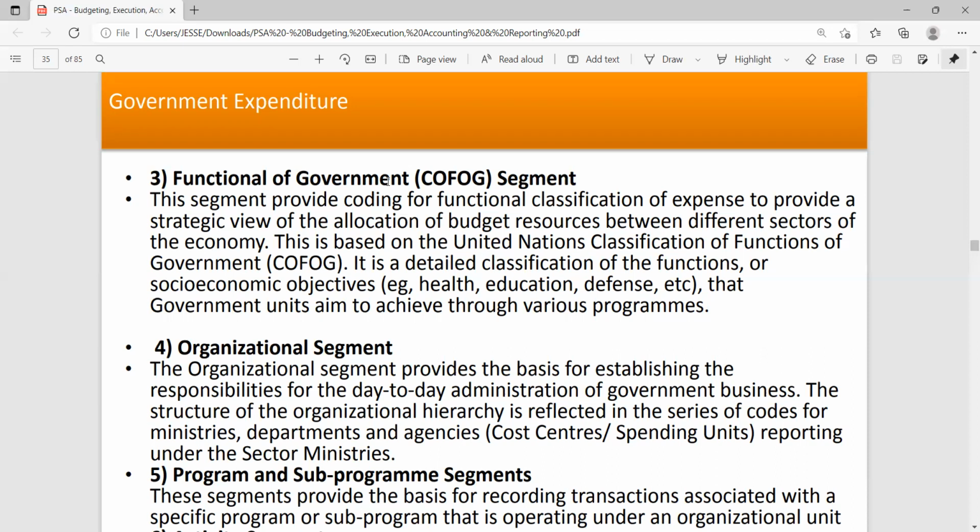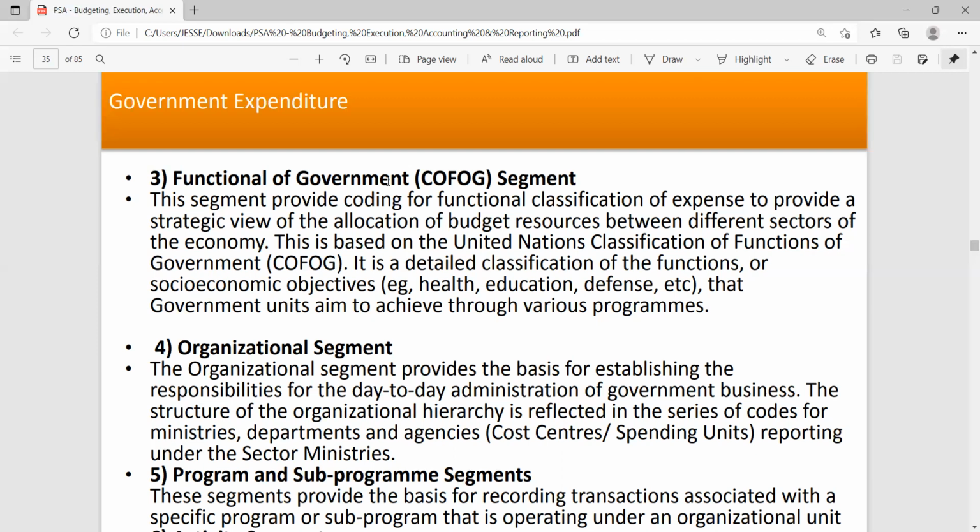Right. So what is this essentially saying? What you need to know is that this particular segment provides coding for the functional classification of expenses, and that's why it is based primarily on the United Nations classification of functions of government.